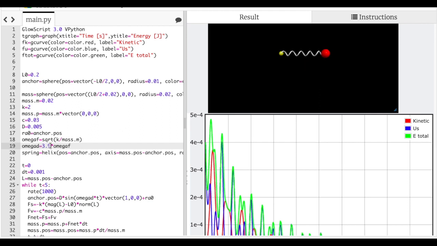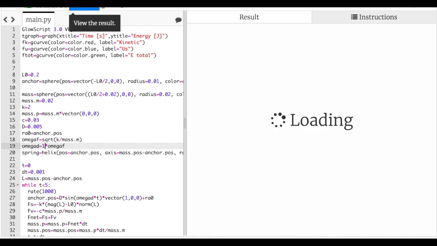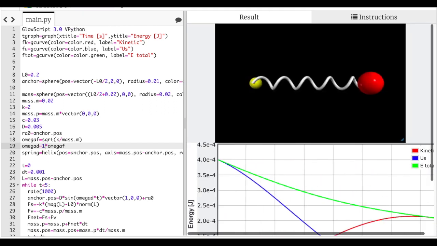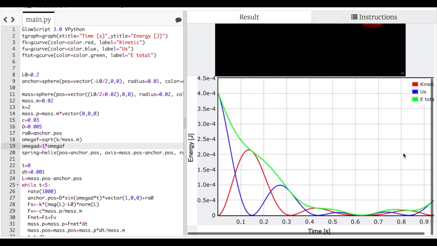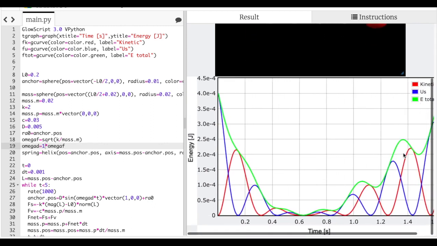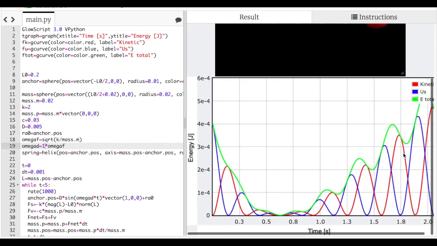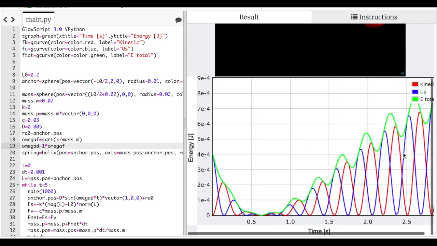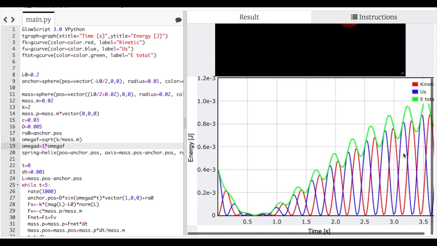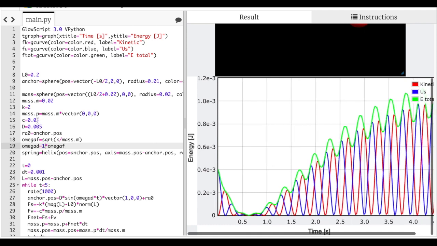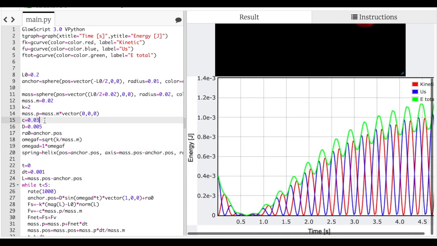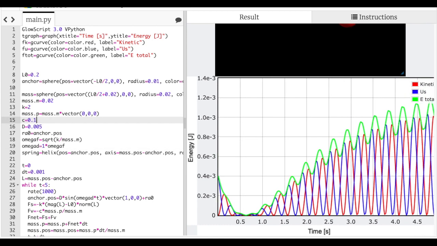So what if I put this as 1 times that? Now you'll notice that it keeps getting bigger and bigger. Let's even increase the damping force to 0.1 and run it.